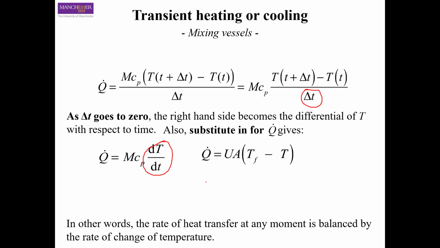This equation gives us how the temperature of the system is changing if we are giving heat, that is Q dot.